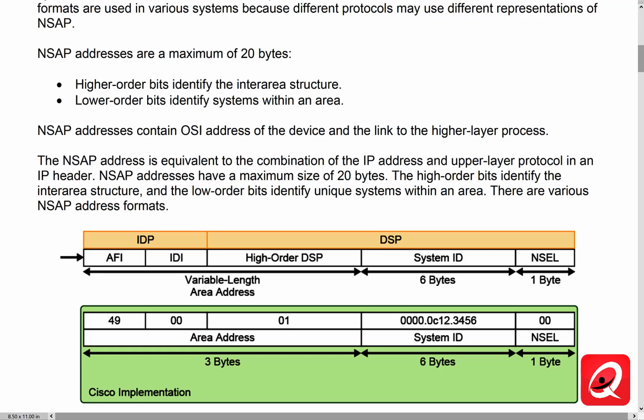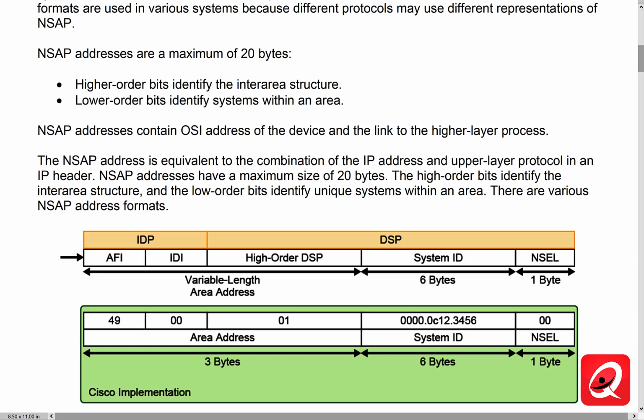The system ID itself is what allows us to identify the system within the area. That is a fixed length field, 6 bytes in Cisco IOS, and then the NSEL is an octet that contains the NSAP selector service identifier, 0 for a router, which would be represented as 00 in the address.